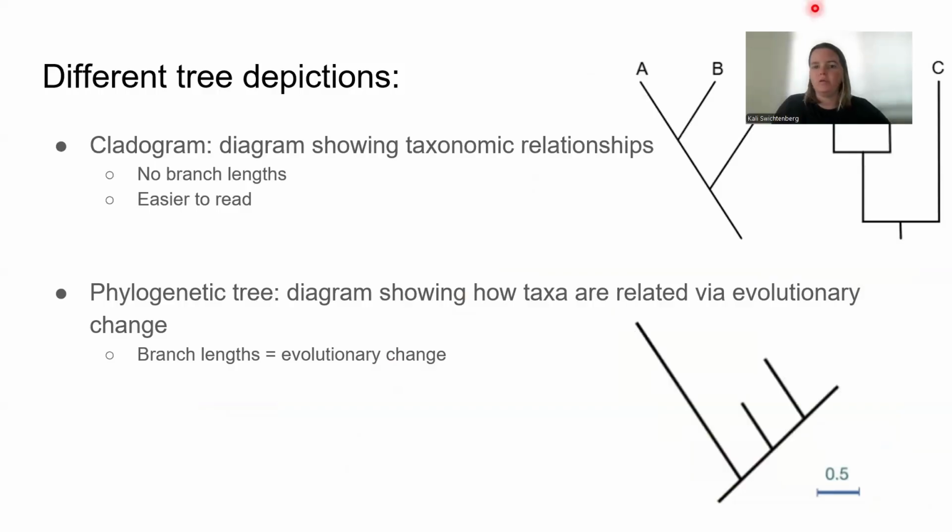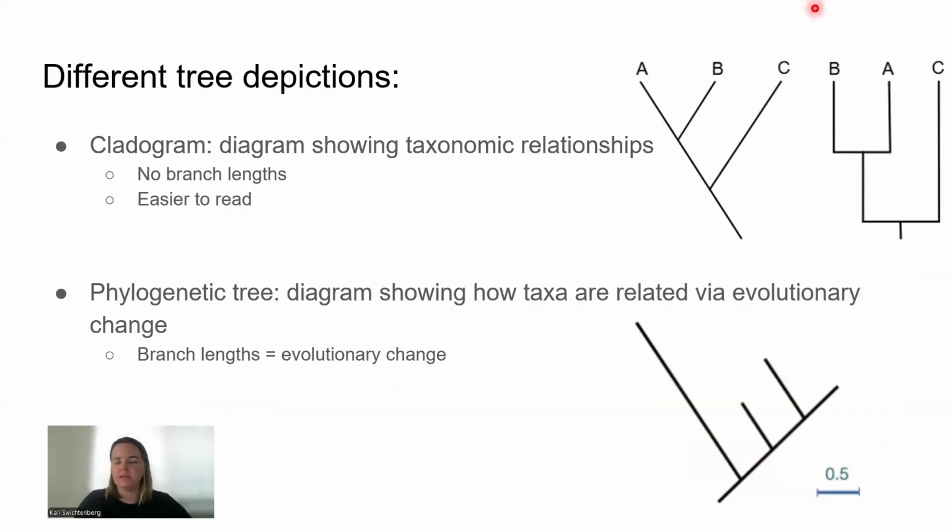So we've been mainly showing some really basic trees, right? But there are a couple examples of some non-basic looking trees. The ones that we've shown you, where we have branches that are all the same length, leading up to a nice straight line of where all of our species of interest are, those are going to be cladograms, and what they are showing is taxonomic relationships only.